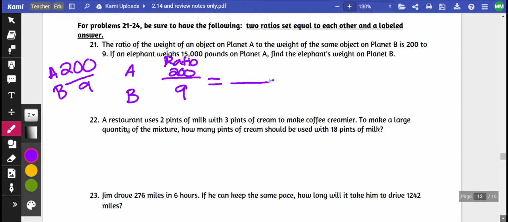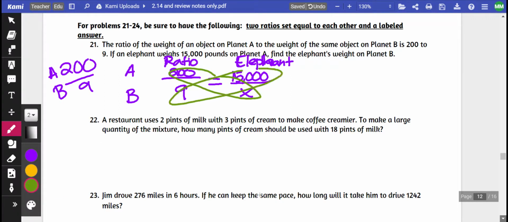I also know that on planet A the elephant weighs 15,000 pounds. I don't know what it is on planet B, so that is my unknown, X. To solve it, I'm going to cross multiply.